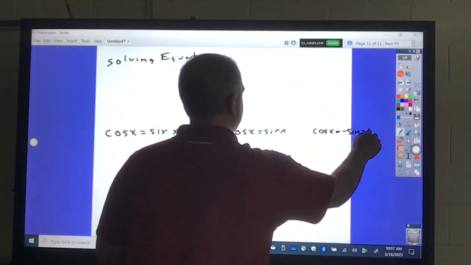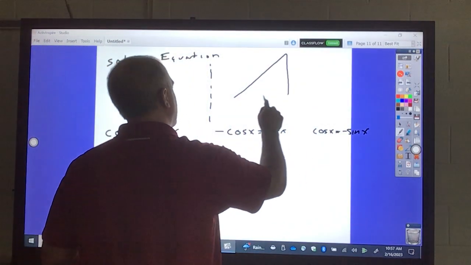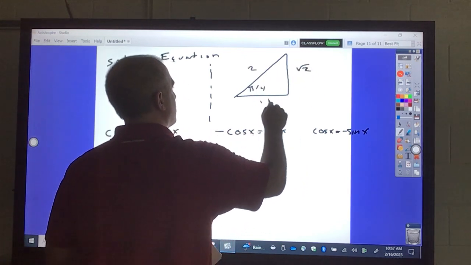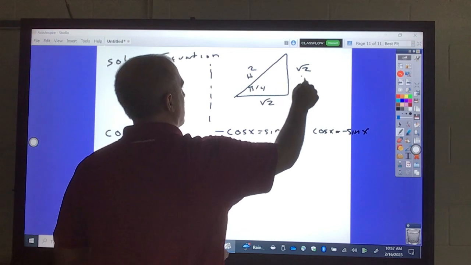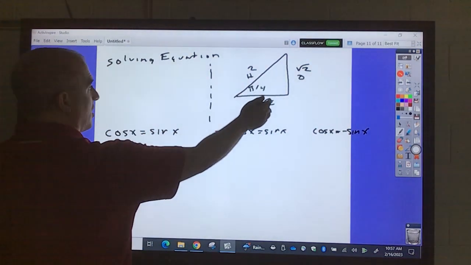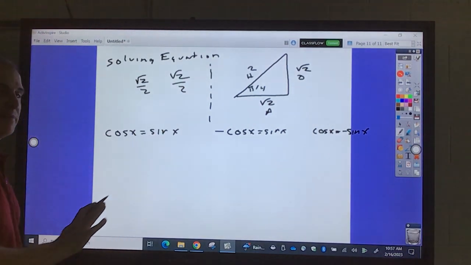Some people will think, Mr. Evans, I can't get an answer with that. But if you look at your triangles, if you remember the pi over 4 triangle, we've got 2, square root of 2, square root of 2, where this is h, o, and a. Cosine is square root of 2 over 2, and sine is square root of 2 over 2. So there are some similarities here.